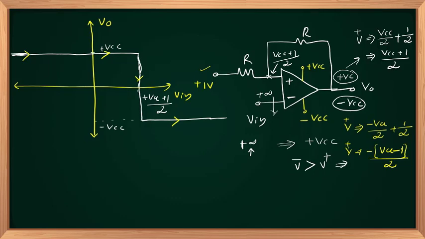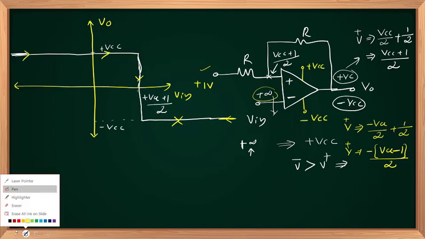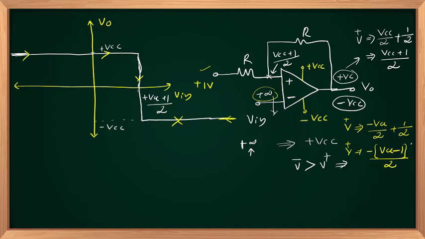So if your Vin is at plus infinity, your output will be at minus VCC, and that will give you a V plus signal of negative VCC minus 1 by 2.